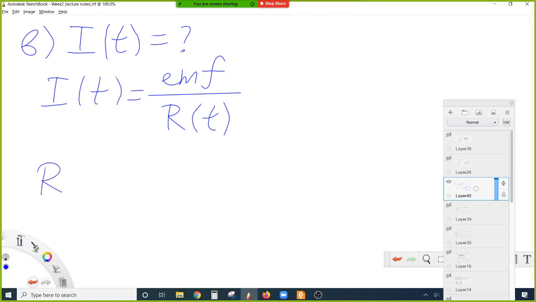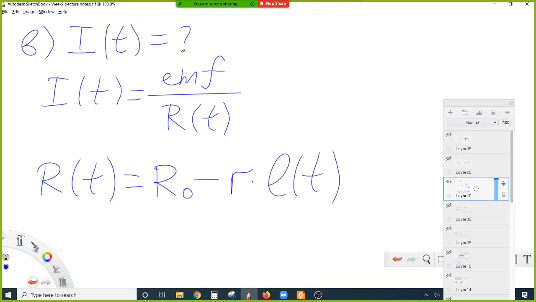Now, let's compute R(t). R(t) is equal to some value R0 minus R multiplied by L(t), but we don't know this constant R0.